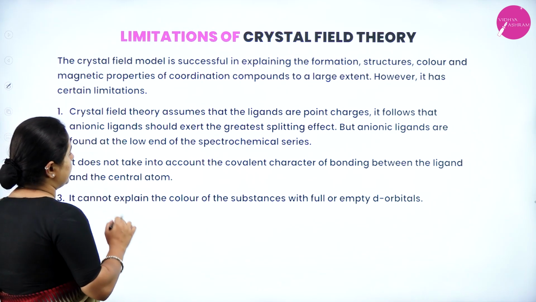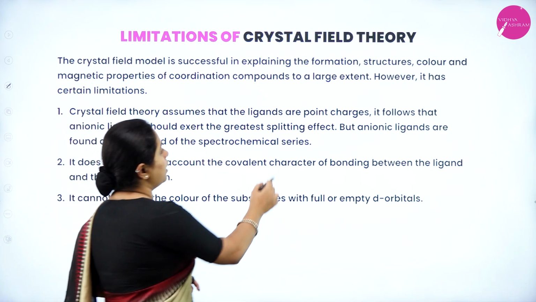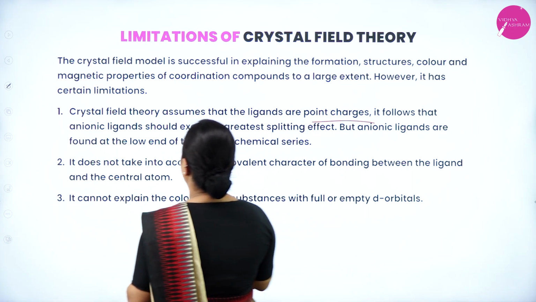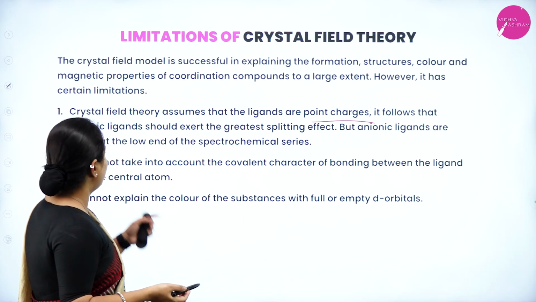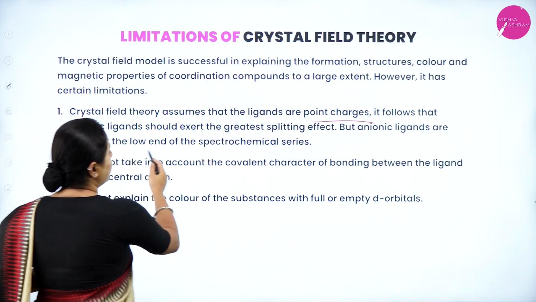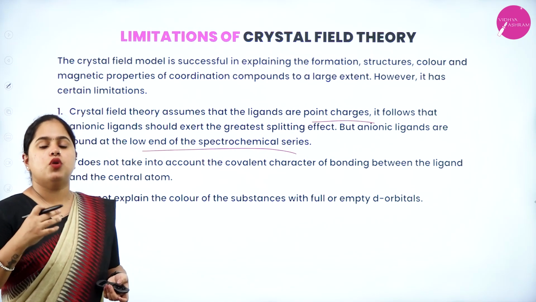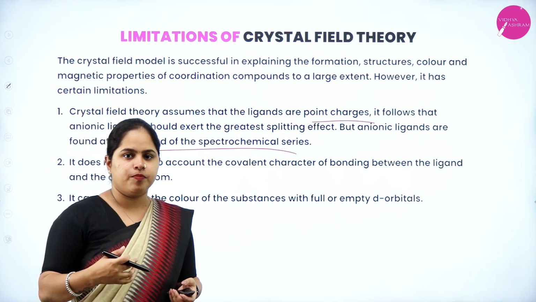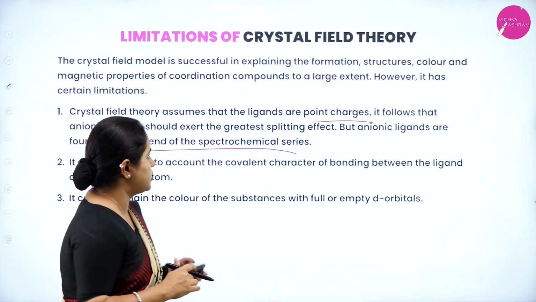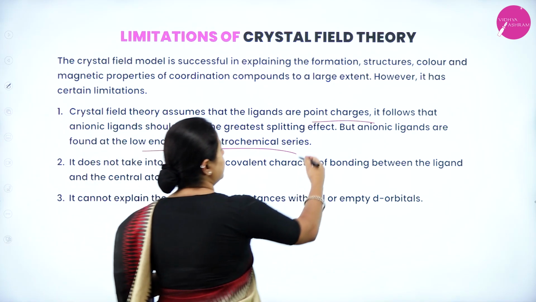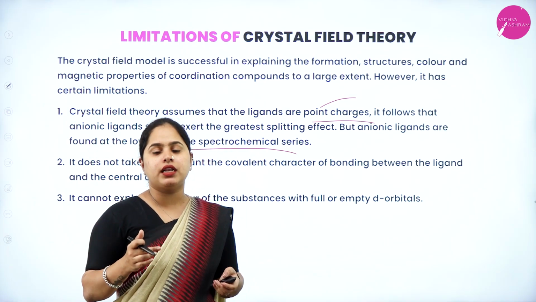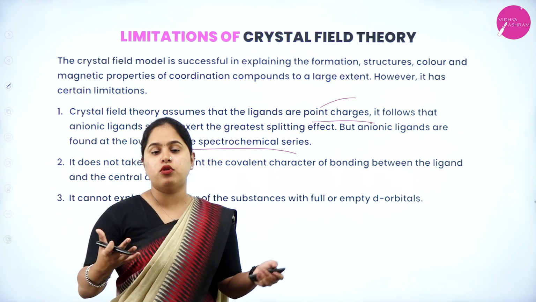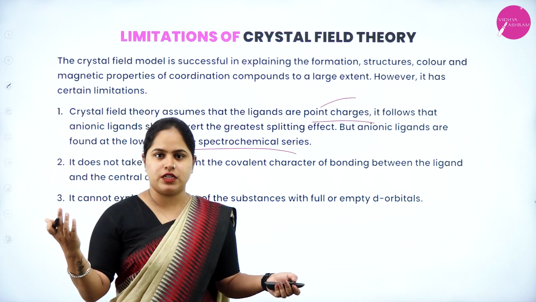But the crystal field theory assumes that the ligands are point charges. It follows that anionic ligands should exert the greatest splitting effect, but anionic ligands are found at the low end of the spectrochemical series. So according to the crystal field theory, as we discussed in the beginning itself, the ligands are considered as point charges if they are anionic, and anionic ligands are the ones which are supposed to show high crystal field splitting.